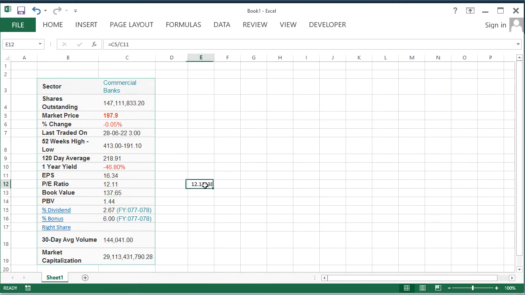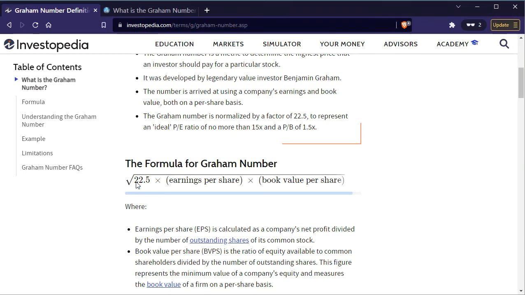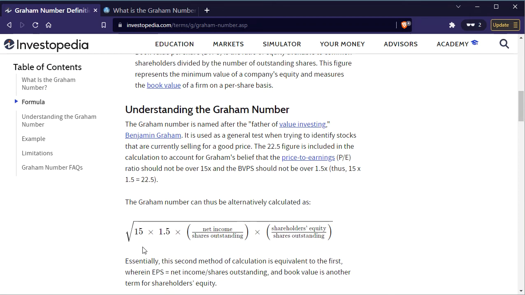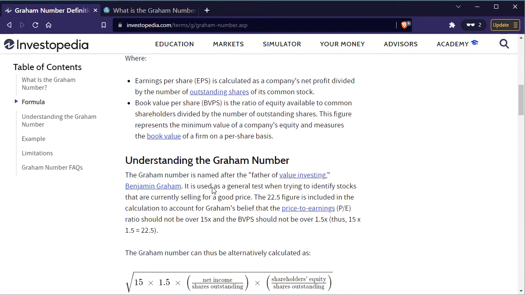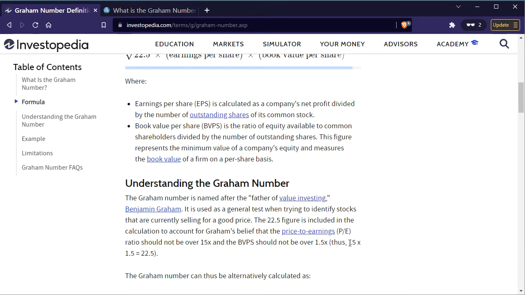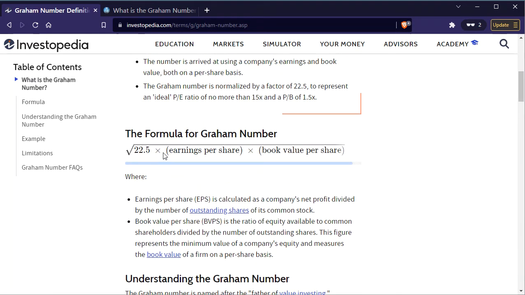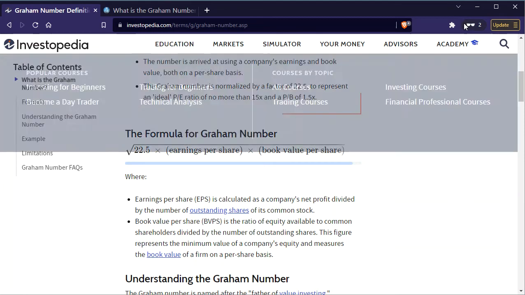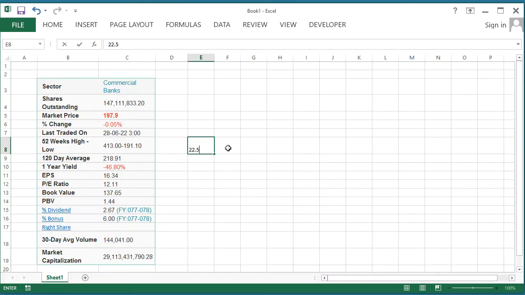So how do we calculate Graham's number? You know the number, which is 22.5, or you can do 1.5 times 15. It's the same thing, because 15 times 1.5 is 22.5. And then the earnings per share and book value per share. So let's do that.